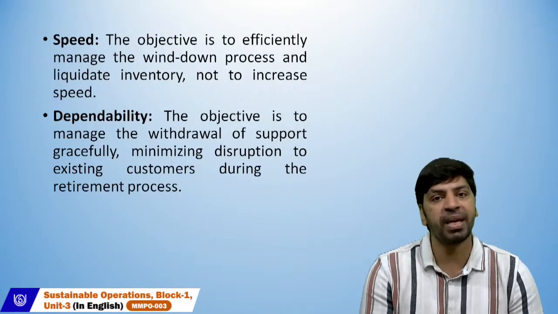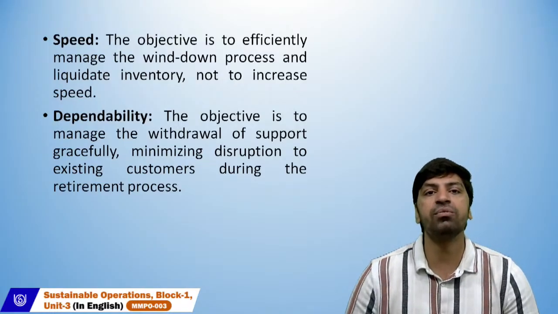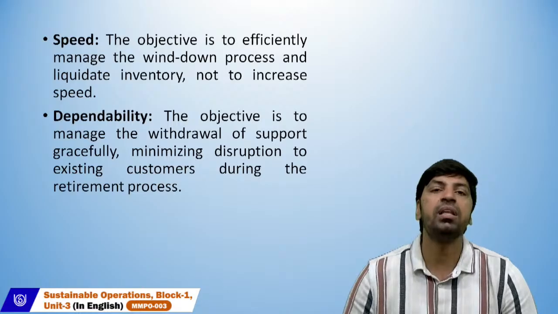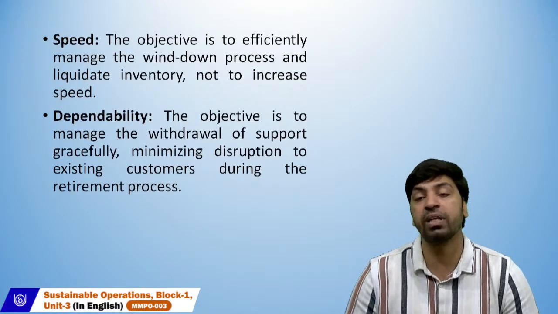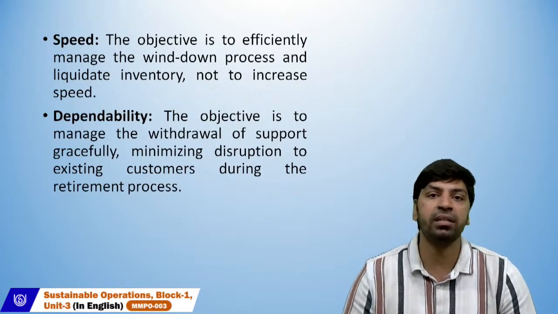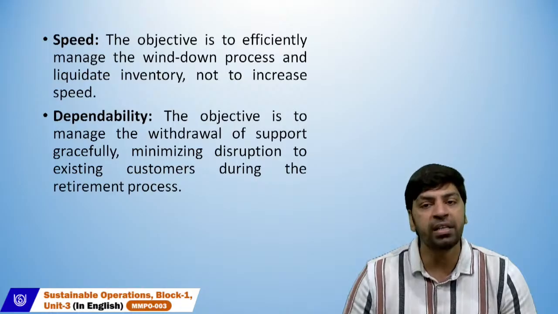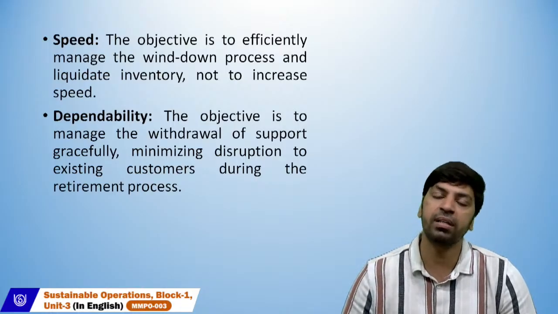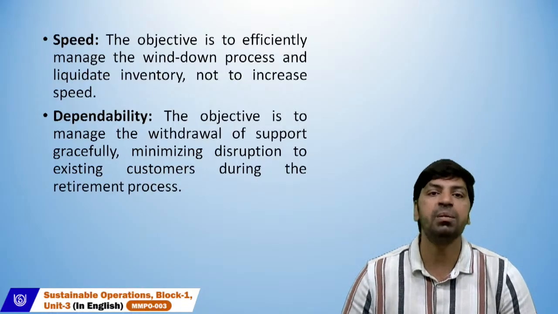Next is speed. The objective is to efficiently manage the wind down process and liquidate the stock, not to increase the speed. So it is very important to liquidate the stock, to wind down the process rather than to increase speed. Dependability.